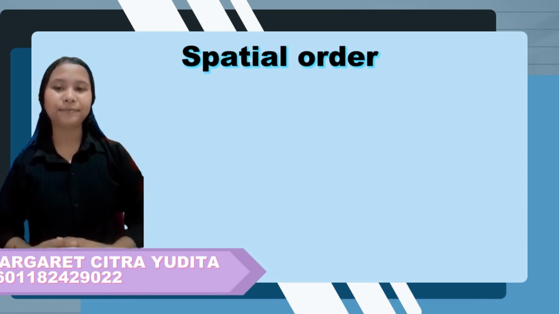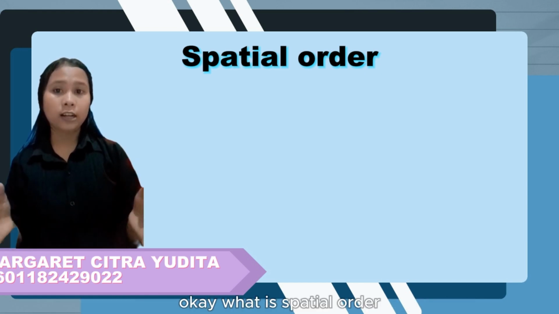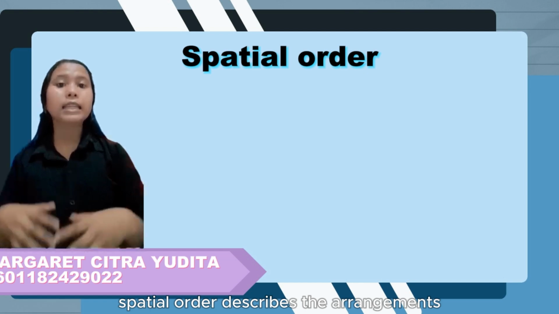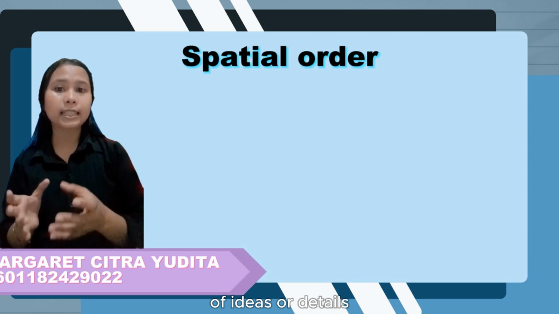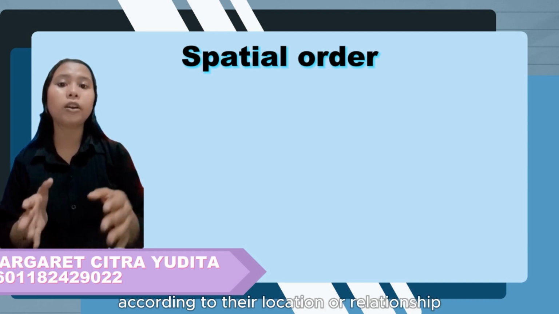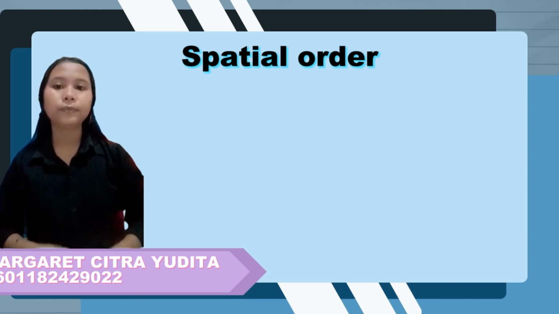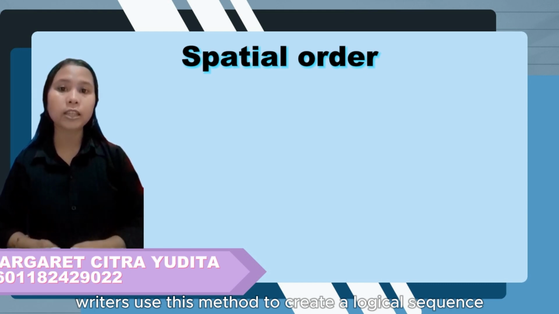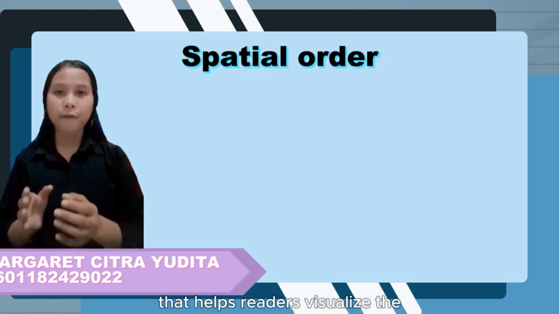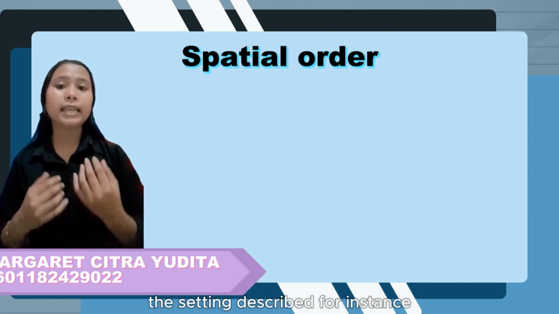In this video, I would like to explain the definition of spatial order and how to use spatial order in writing. Okay, what is spatial order? Spatial order describes the arrangement of ideas or details according to their location or relationship in space. Writers use this method to create a logical sequence that helps readers visualize the setting described.